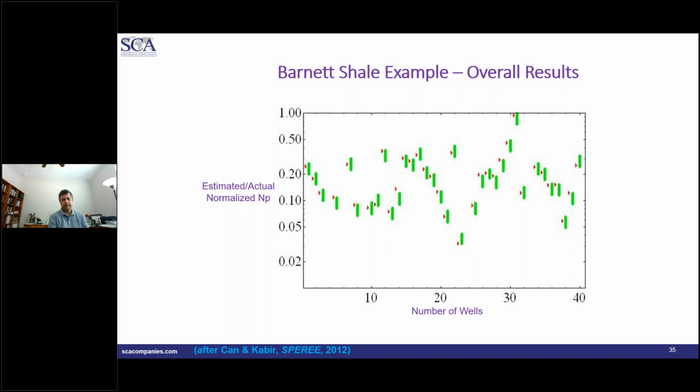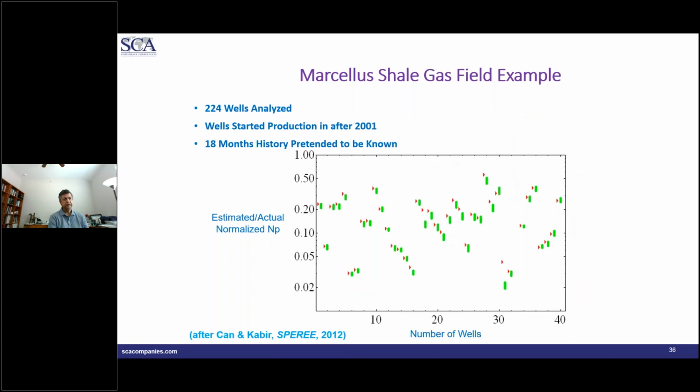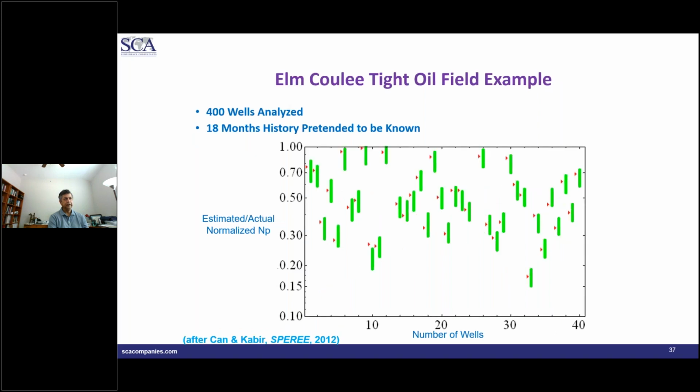But remember, we had very conservative numbers. Here the Marcellus, a similar approach. We took 224 wells. And Elm Coulee, it's a tight Bakken play. So we did that. This is just to test how well this is working or not working for us.